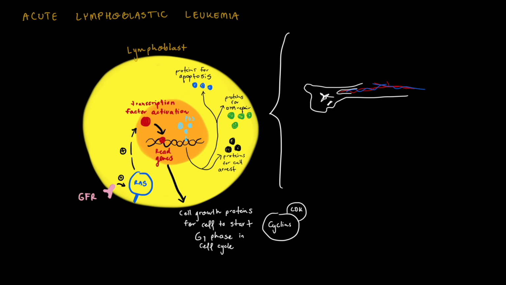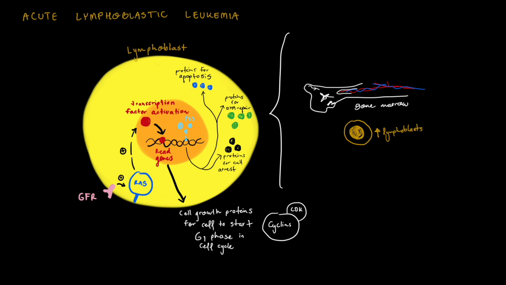It does it with mutations that give us another conjugation of proteins and induce the cell to start the cell cycle in the G1 phase and not stay in the quiescent state.